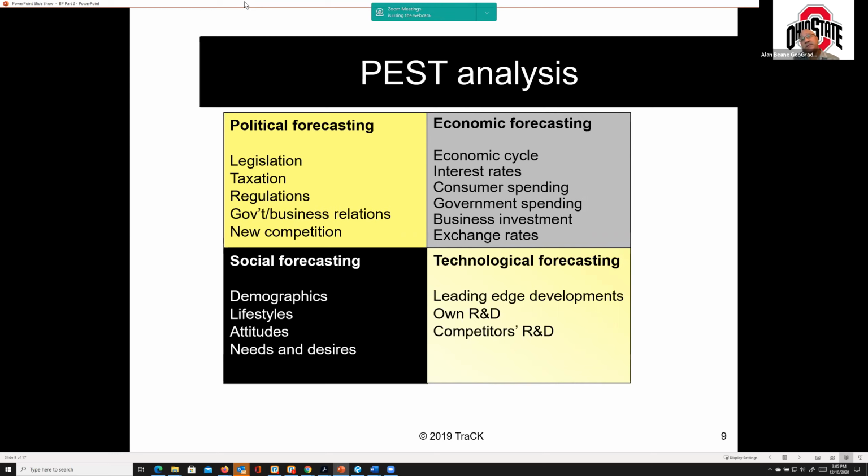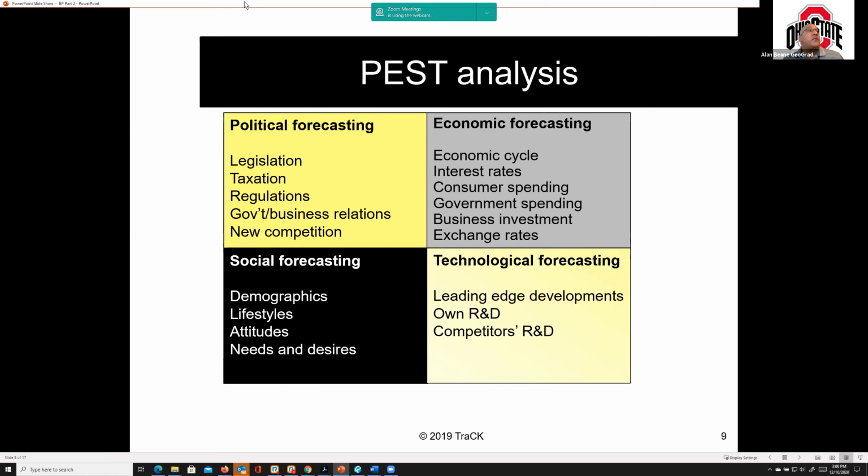It could be a lot more expensive to get errors and omission insurance, or the different types of insurances that you need based on the regulatory positions. Government and business relations. Are there not a lot of incentives that entice business to grow or expand in your marketplace? These are some of the things that you kind of want to look at. New competition from other states. Have they done things to encourage people to come from the outside in, thus increasing your local competition?